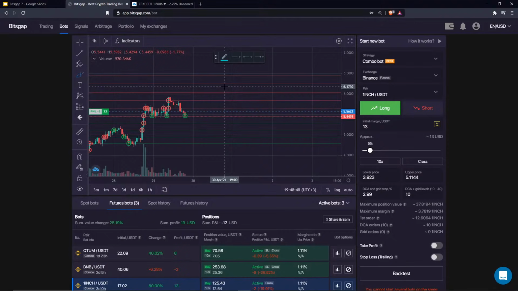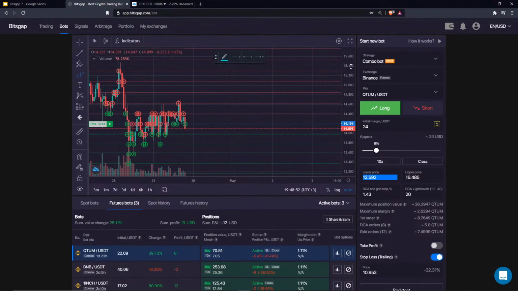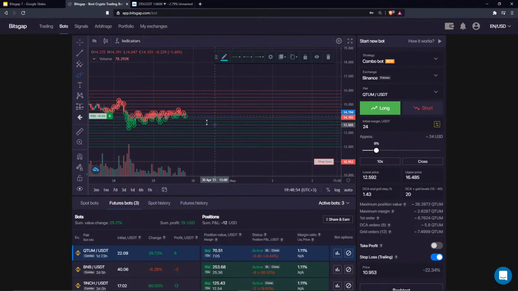So for example, in my Quantum, my DCA orders are below the entry price. So here they are, DCA orders. If the price falls, it will add more exposure. So it will increase my position value. Okay, and so far it's 70.